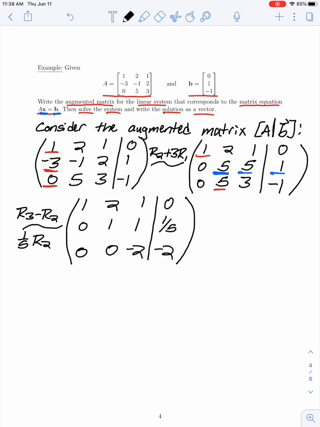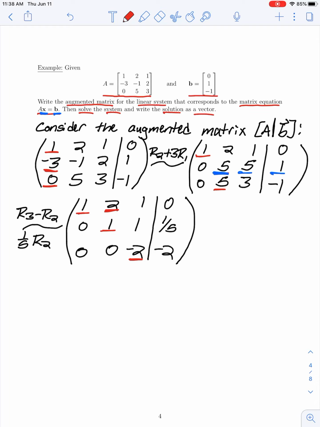So now let's see what we can do. In my first row, I have a lead entry of 1 with zeros above and below it, a lead entry of 1 in my second row, and I've got a 0 below it, but I need to kill off the 2 that appears above it. In my third row, I have a lead coefficient of -2.